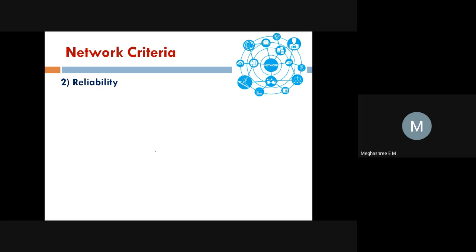Along with the accuracy of data delivery, reliability plays a very important role with respect to the network. I can take the example of the BSNL network and the Airtel network. As we all know, at some places in Karnataka we don't get the BSNL network, right? Why is that so?